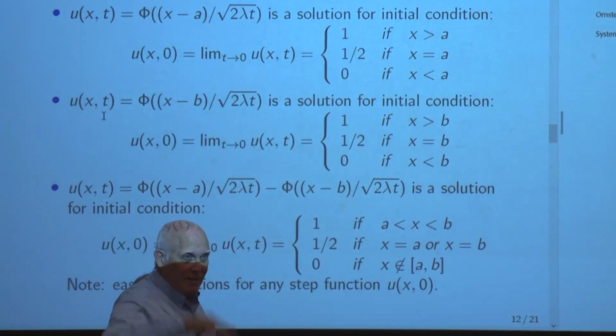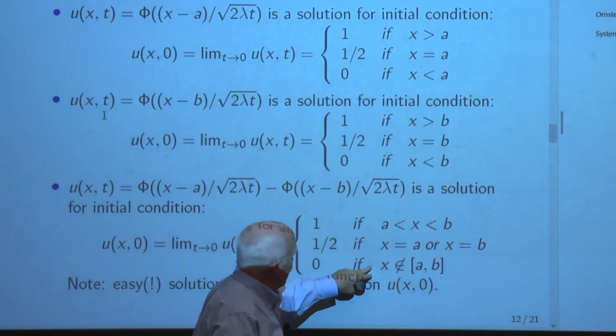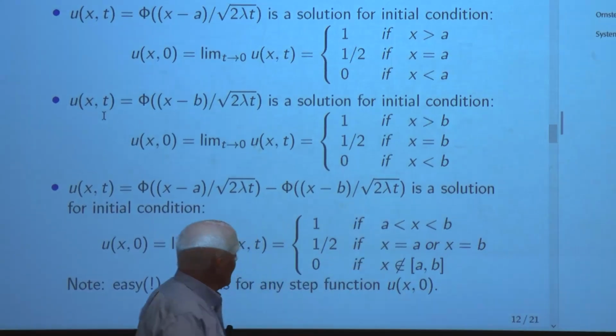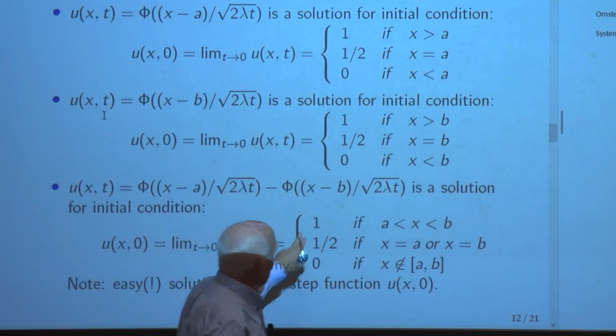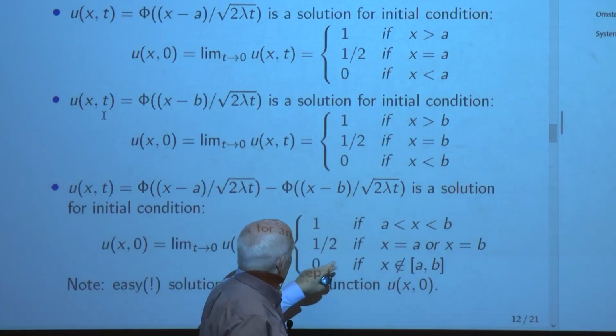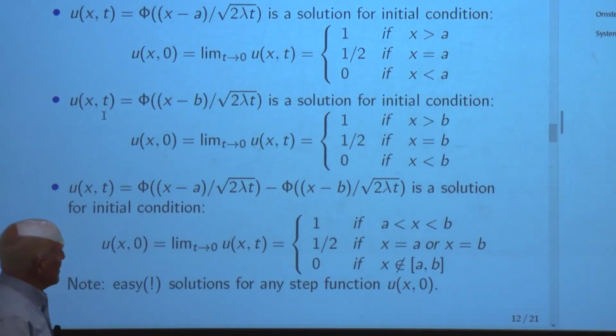So one function for B is 1 forever, and then the function for A is 1 up to A. Both functions are equal to 1 when x is greater than b, in which case we get 0, and otherwise we get 1 when x is between a and b, and 1/2 otherwise.